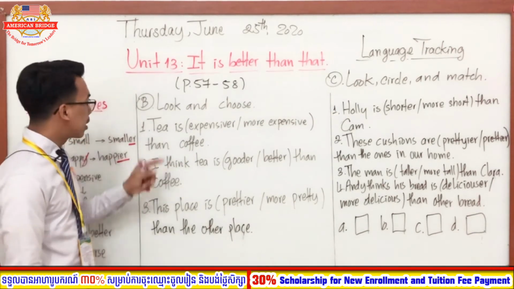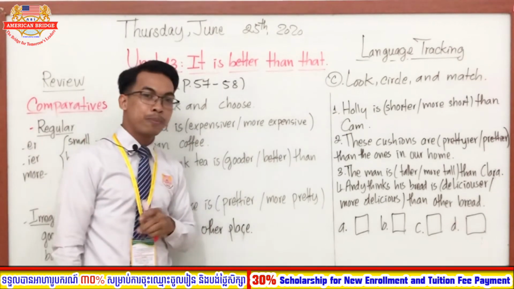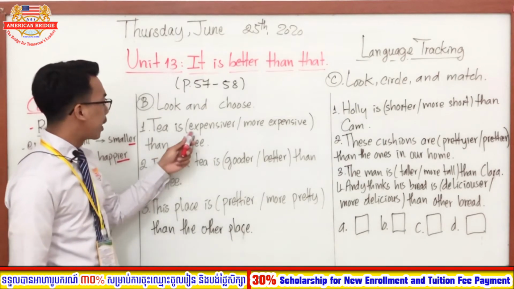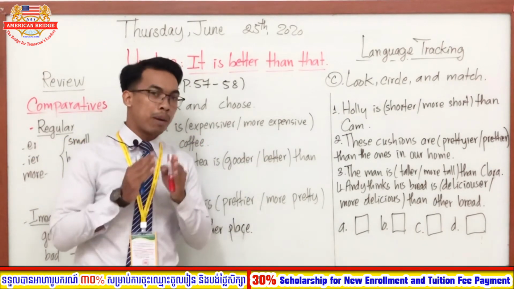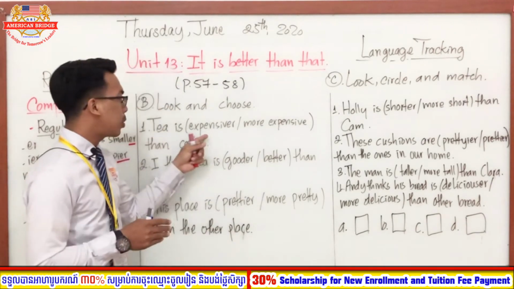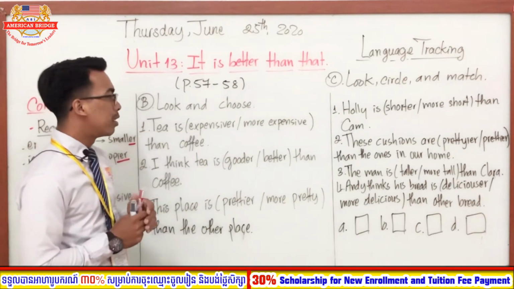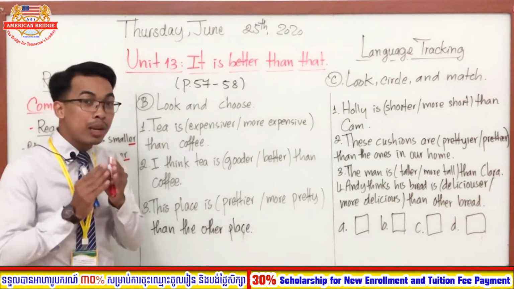Okay, good. Which one is the correct answer, the first one or the second one, everyone? Let's check together. The first one has the word expensive, more expensive. According to what you have learned so far, which one is the correct answer, everyone? Very good. How many syllables? Yes, of course, 3 syllables.